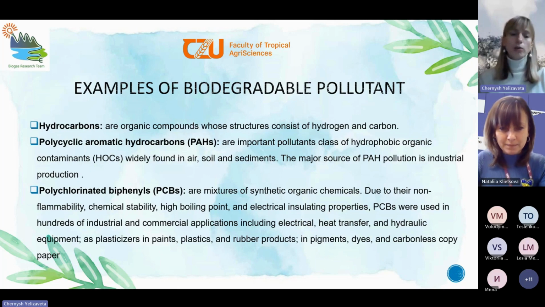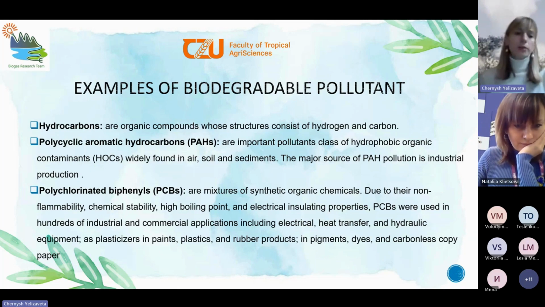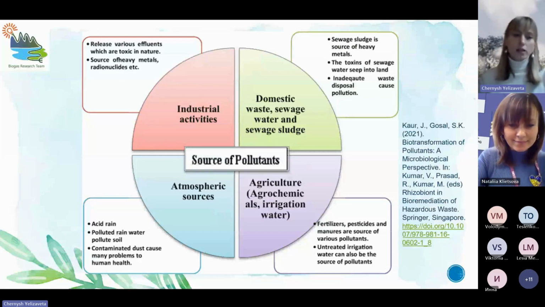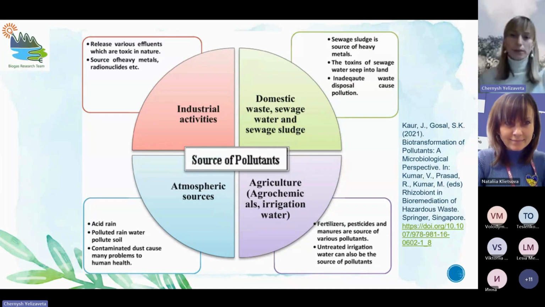The connection with hydrocarbons, different types of polycyclic aromatic hydrocarbons, which involve different synthetic organic chemicals also, etc. And the sources of pollutants are very different, and they are connected with human activities.